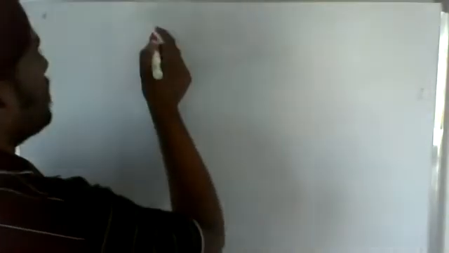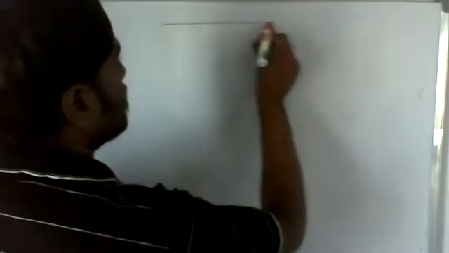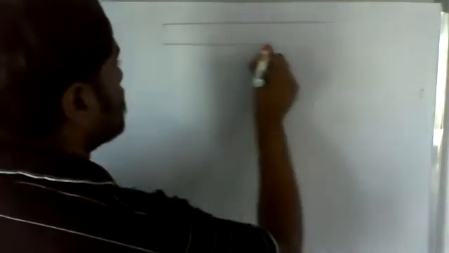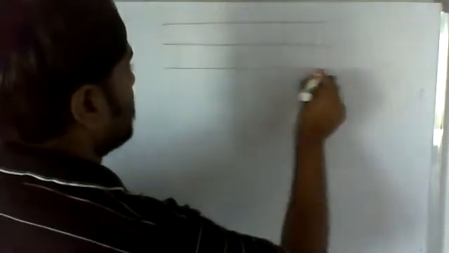When an electric dipole is placed in the presence of a uniform electric field, it will experience torque. So this is the derivation of the expression for torque acting on an electric dipole in a uniform electric field.